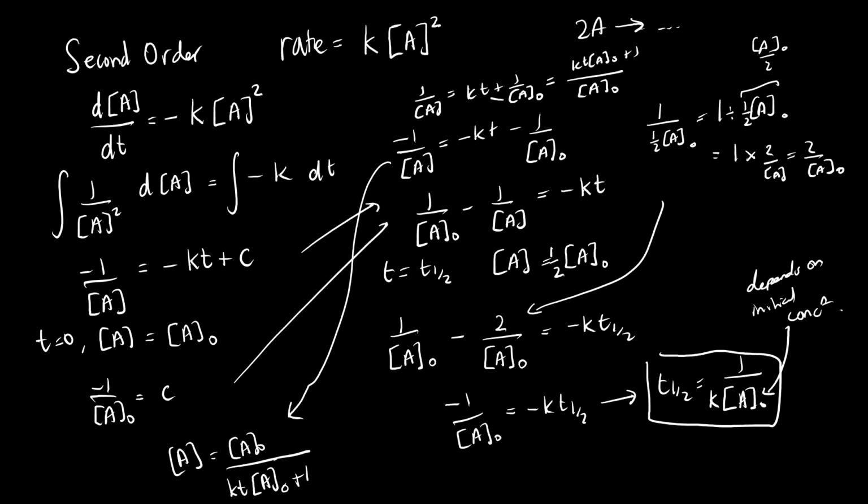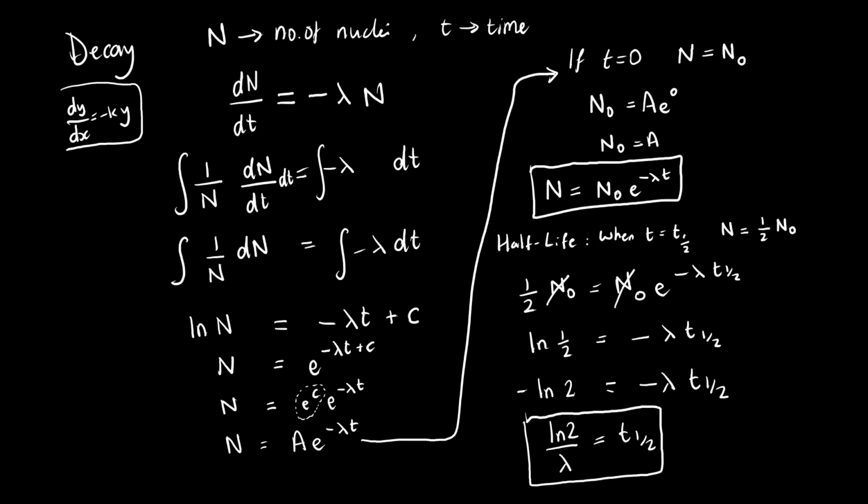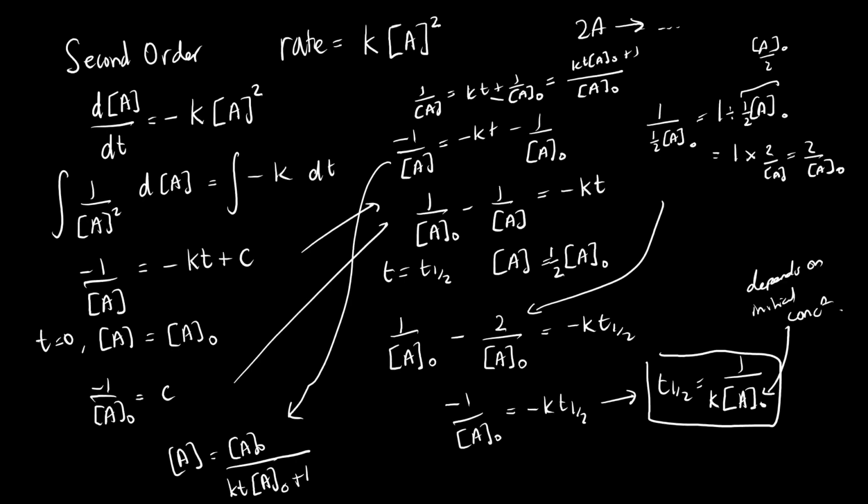But that's showing how, in the previous example, we had constant half-life, first order kinetics, as we did for the nuclear decay. And then for a second order chemical reaction, it's shown here that it depends on that initial concentration. So it's not got a constant half-life, and that's a way of identifying what the equation will look like.